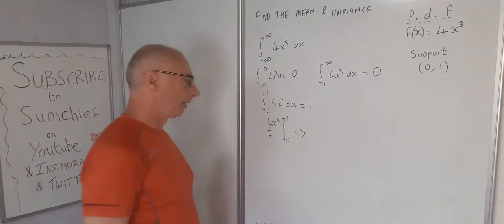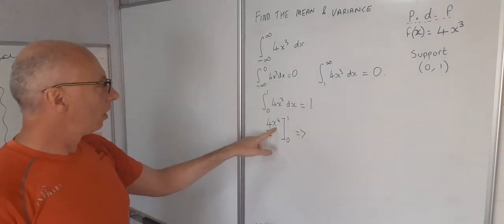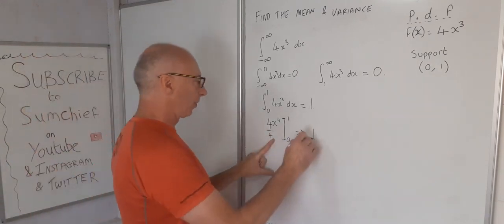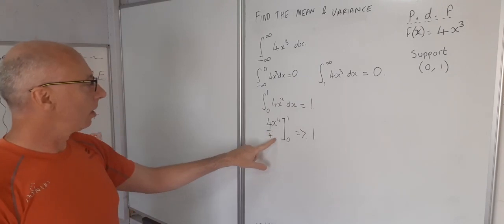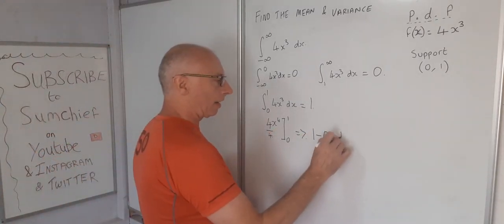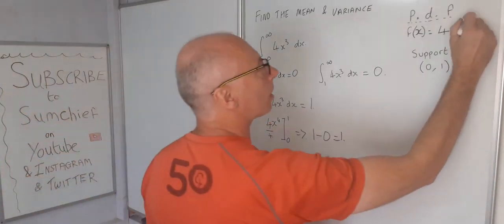Okay, so now we just work out the values. So when x is 1, 4x to the 4 divided by 4 is 1. And then when x is 0, this term in here becomes 0. So then that equals 1. So therefore this is a valid PDF.